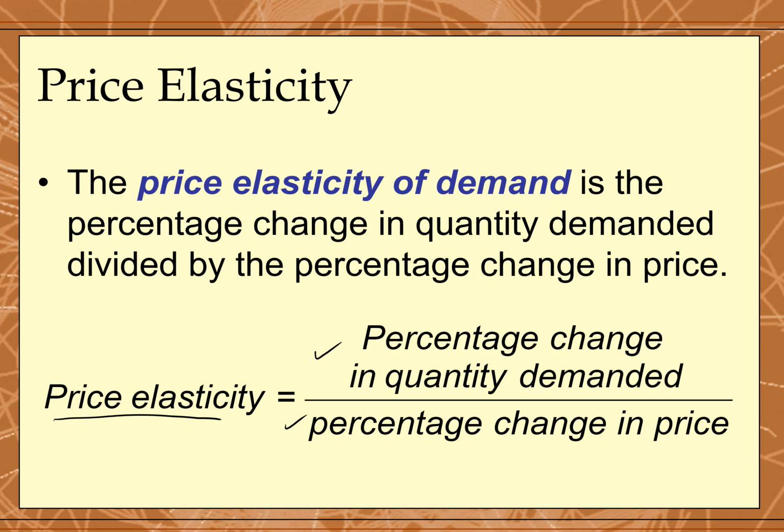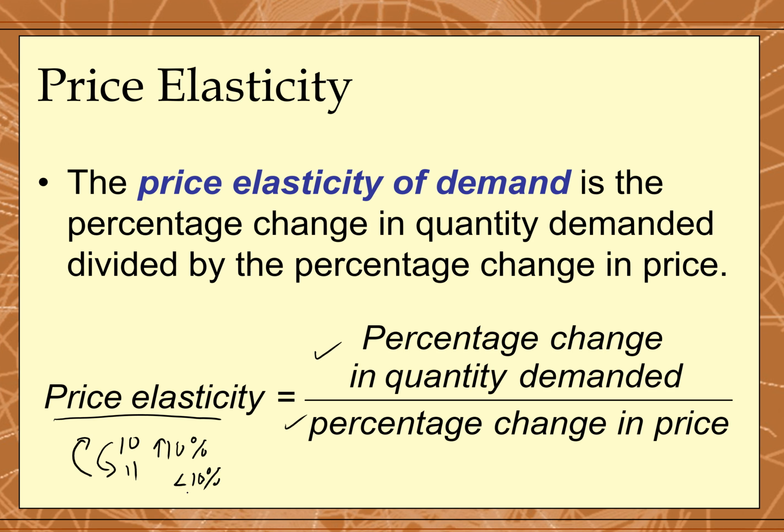The reason we're using it is that if you do a percentage change from 10 to 11, this is a 10% increase. But if you go from 11 to 10, that is not a 10% decrease. That's less than a 10% decrease.